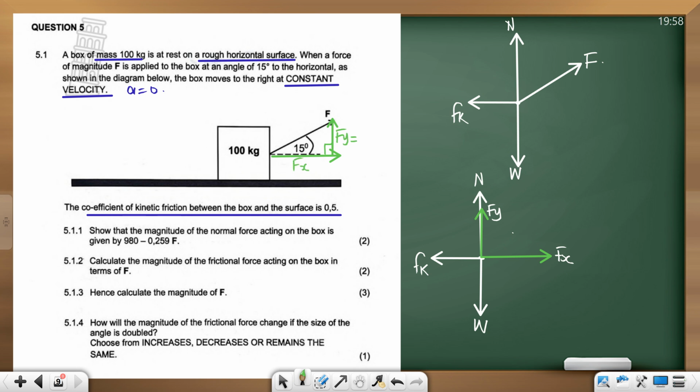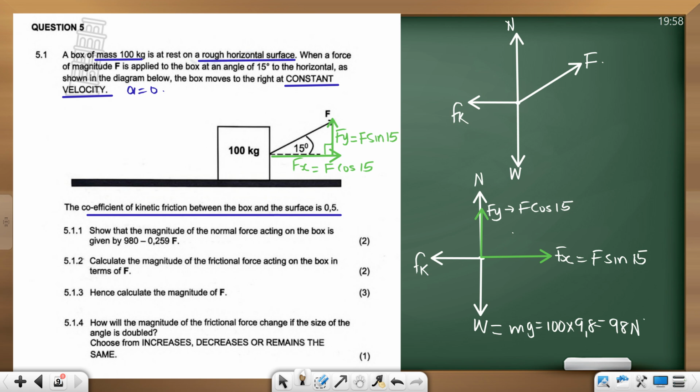Fy is the one opposite. Opposite, I use sine. I'm sure you should be hearing my voice in your sleep about that. So, F sine 15, and F cos 15. What is the weight? mg, which is 100 times 9.8, which is 980 newtons.